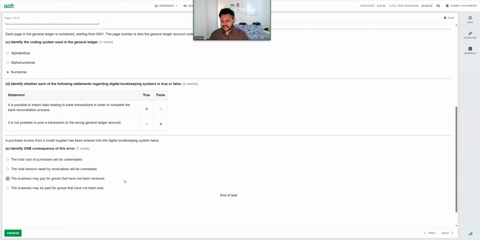Now, when there's a digital bookkeeping system, the invoice number needs to be unique, and if you try to enter an invoice with the same invoice number, it will not take. For example, if you enter an invoice on QuickBooks with invoice number 1002, and you try to enter another invoice with the same number 1002, it will give you a warning.